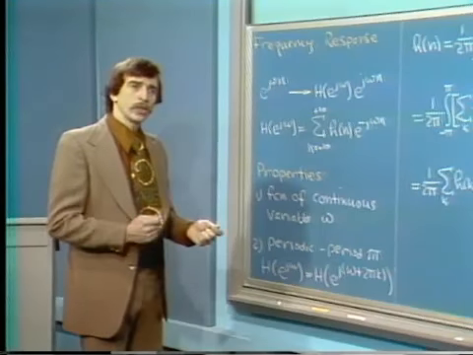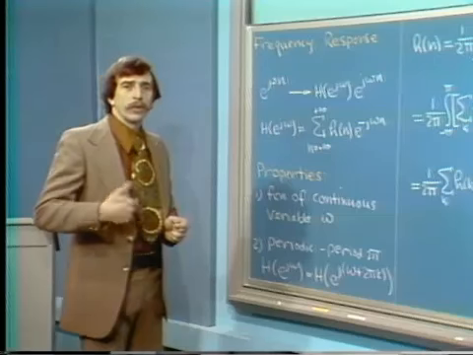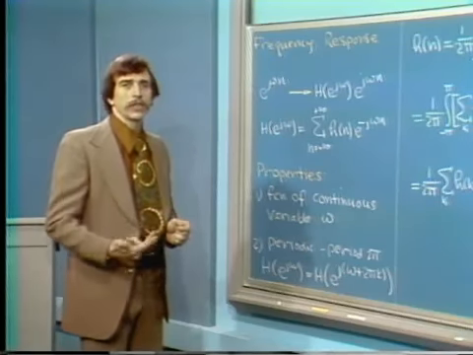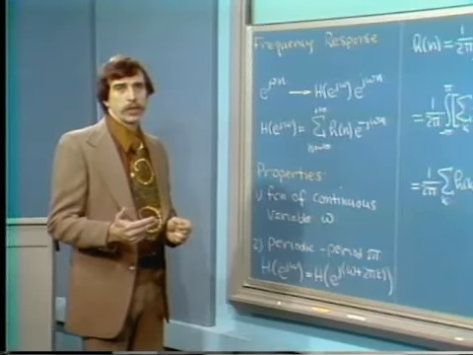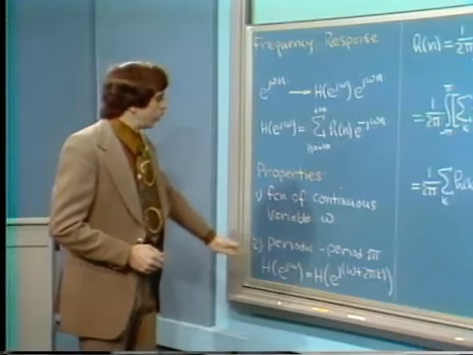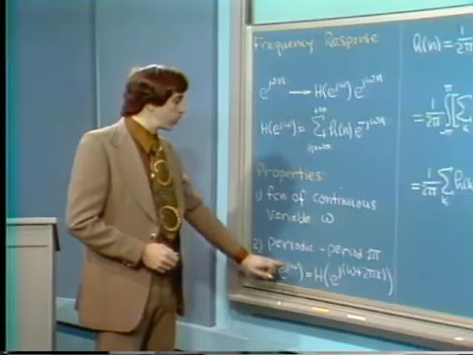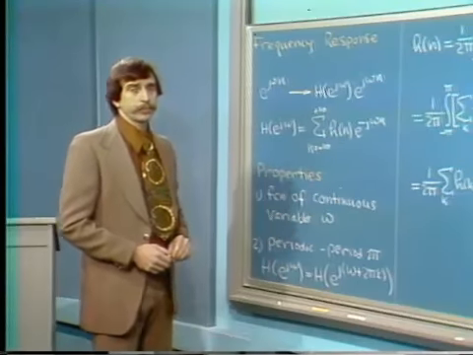That is, once we've looked at them for omega between 0 and 2 pi, if we go further than that in frequency, all we see are the same complex exponentials or the same sinusoids over again. So that, in essence, is the reason why the frequency response is a periodic function of omega.